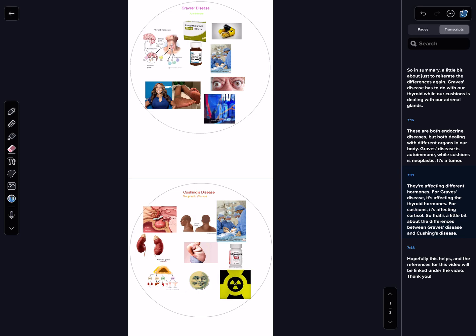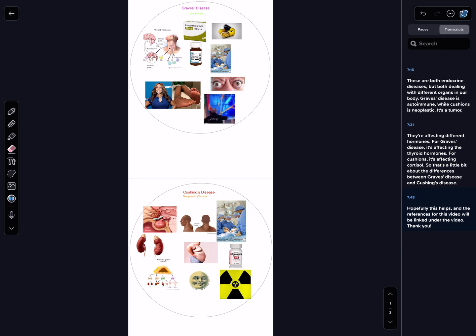Graves' disease is autoimmune, while Cushing's is neoplastic. It's a tumor. They're affecting different hormones. For Graves' disease, it's affecting the thyroid hormones. For Cushing's, it's affecting cortisol. So that's a little bit about the differences between Graves' disease and Cushing's disease. Hopefully this helps.